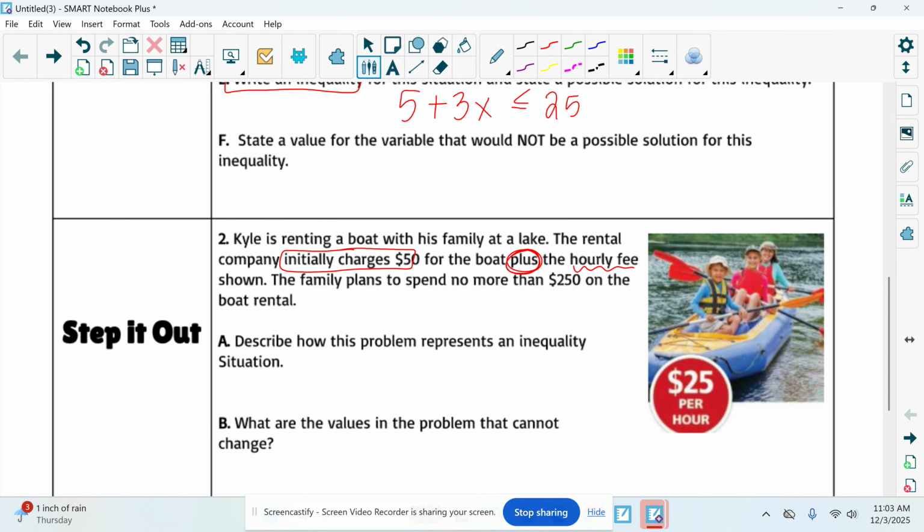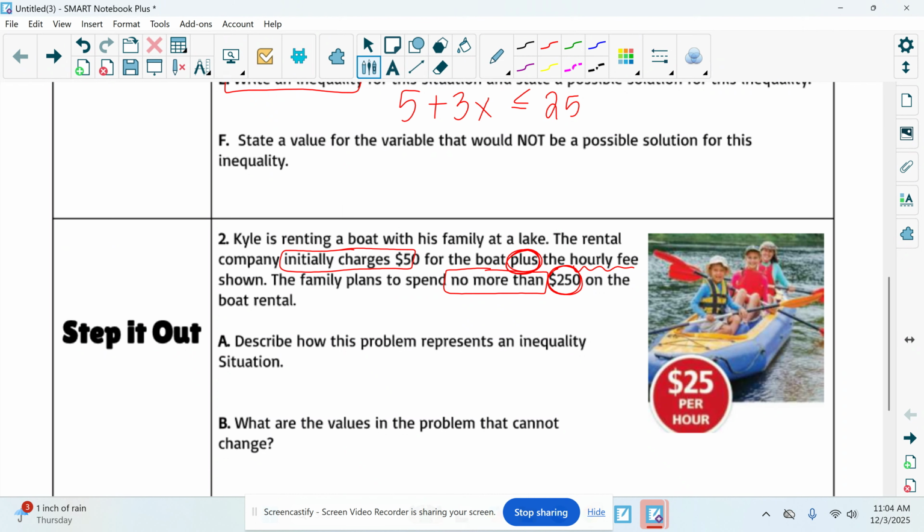The family plans to spend no more than $250 on the boat rental. No more than is important. $250. How is this representing an inequality and not an equation?